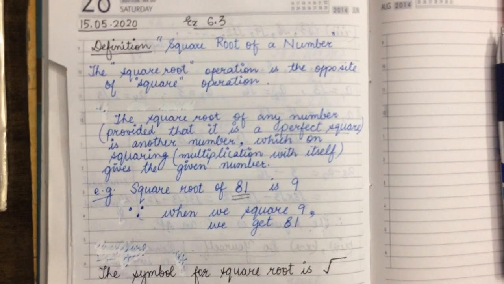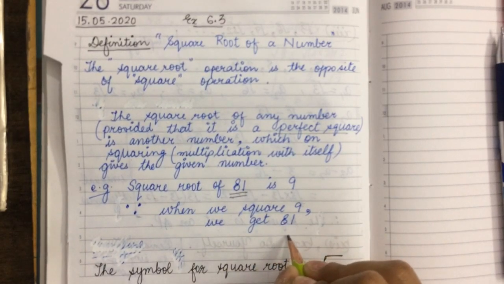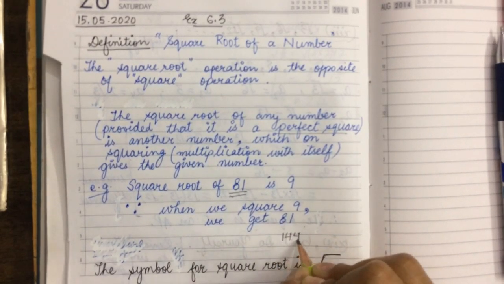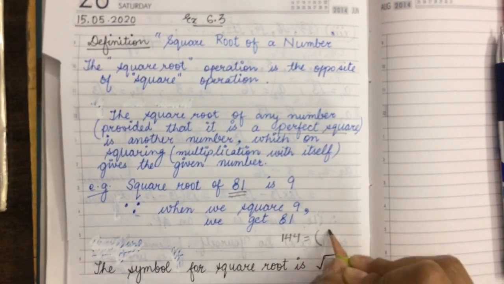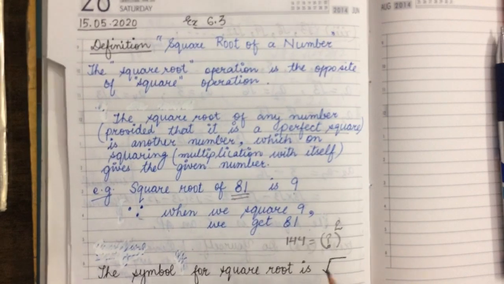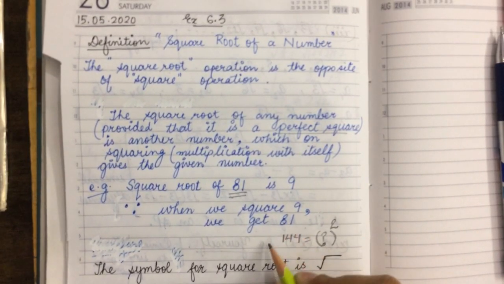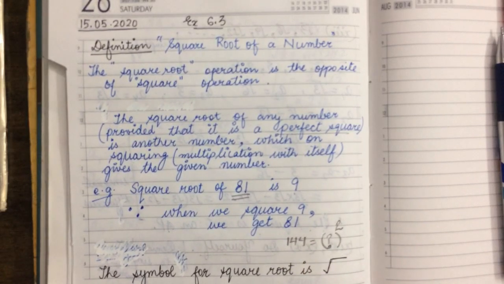Another example could be if I'm looking for the square root of, let us say, 144. So I want to find a number which on squaring gives me 144. If I'm able to find that number, that means I have obtained the square root of 144. So this is what square root means.